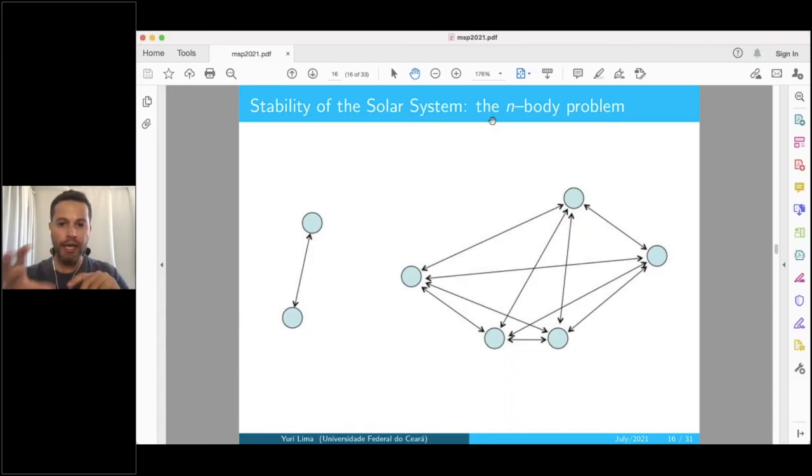And the n-body problem can be reduced to the stability of the solar system. So if we consider our solar system, in which we have the planets, I no longer know how many planets we have, because by the time I was at school, I think that Pluto was a planet, but then they downgraded Pluto and it no longer is a planet. But let's say that you have 9 planets and the Earth.